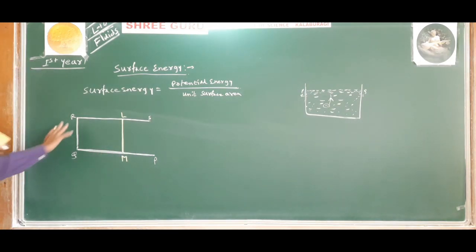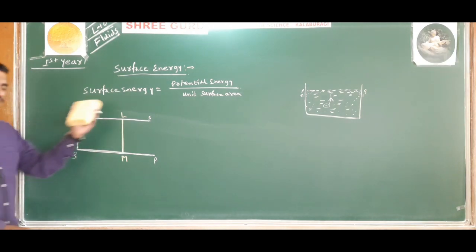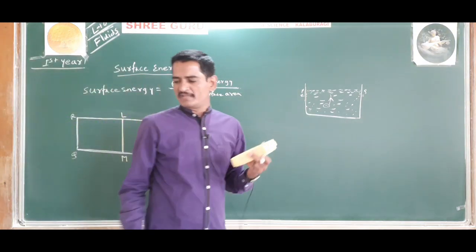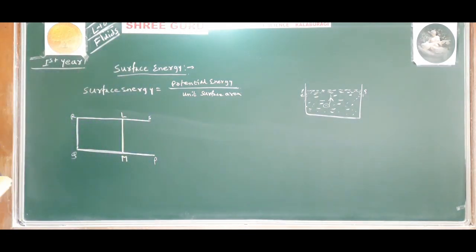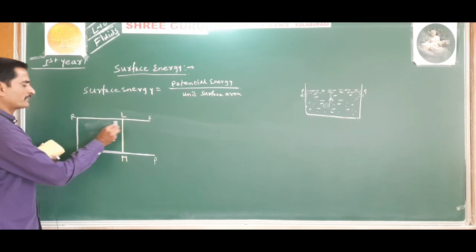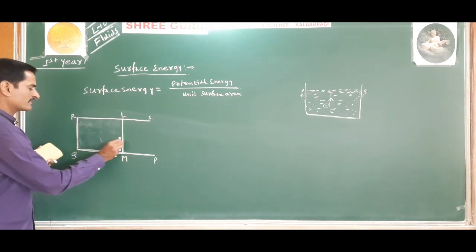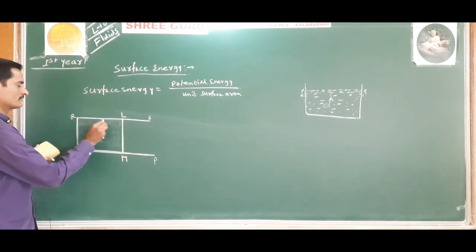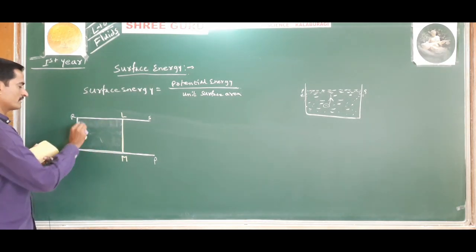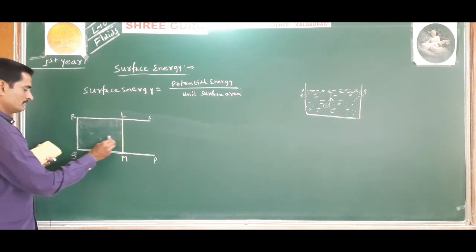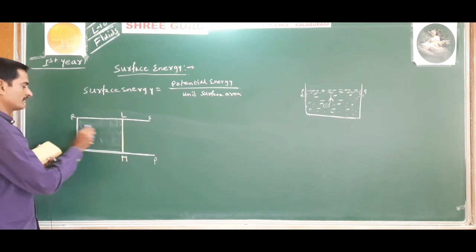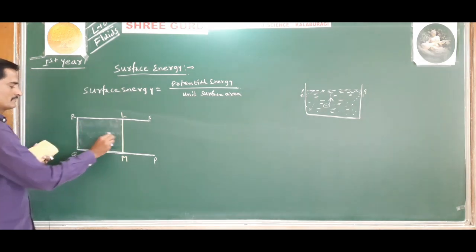Now, when this rectangular frame is immersed in soap solution, a liquid surface is formed due to the surface tension of the liquid. You know about this one, when you were small kids you used this.